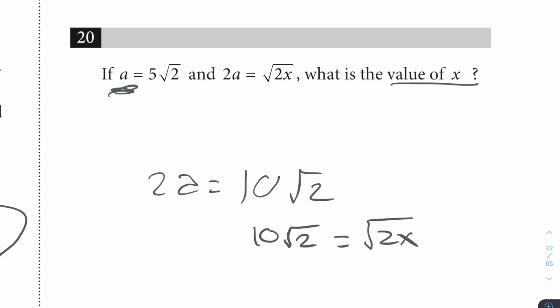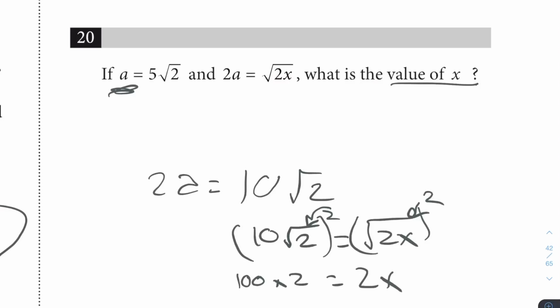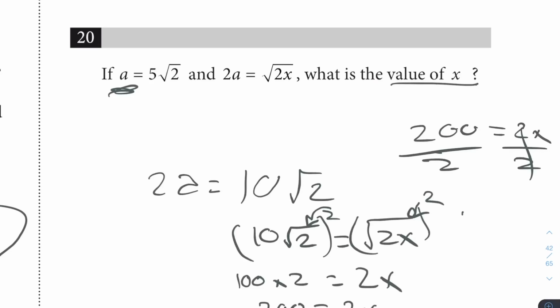So to get rid of the roots, we can square each side, which will make this 100 times 2, since the square root disappears because we squared it, equals 2x. 100 times 2 is 200, and we have 2x. You can divide each side by 2, and your 200 over 2 equals 100.